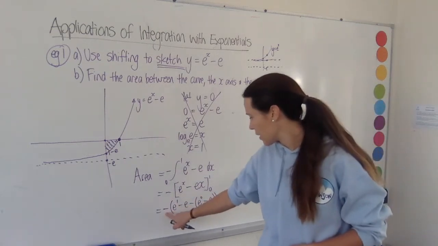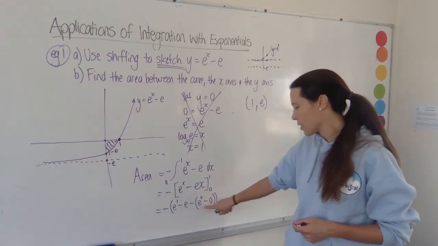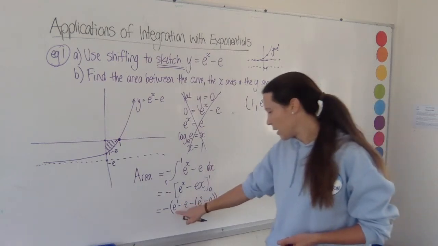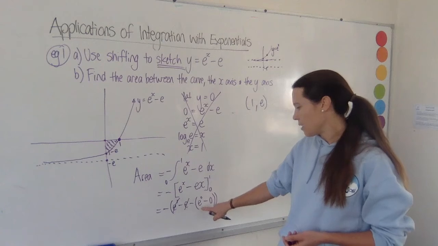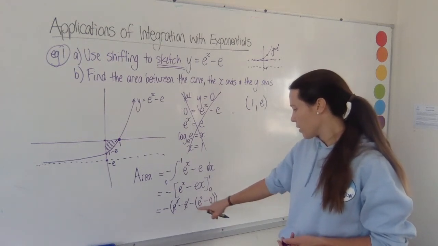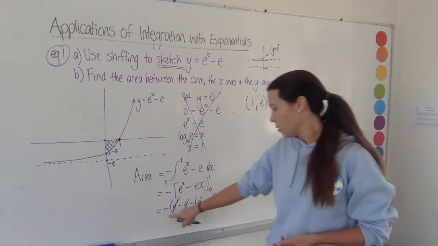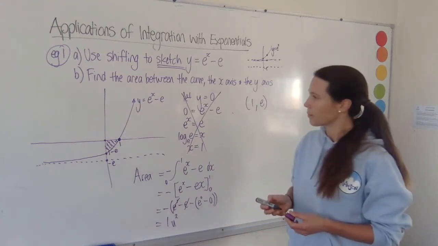Notice how my negative is sitting out the front of giant brackets for the whole thing, whereas here I always use brackets for the second part of my definite integral. So I've got e minus e, that's nothing, and here e to the power of 0 is just 1, so I'm going to have minus 1 with a negative out there, so my area is going to be 1 unit squared.